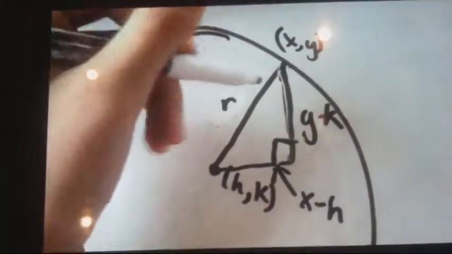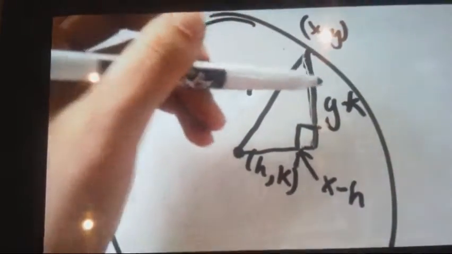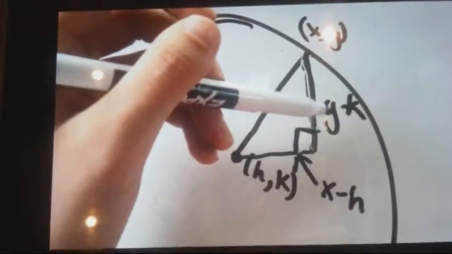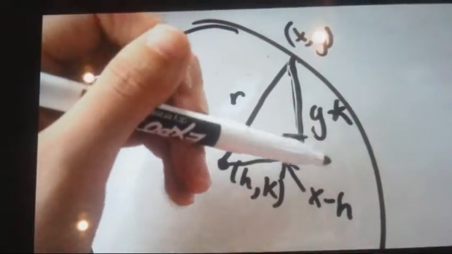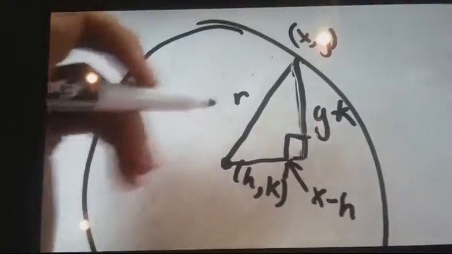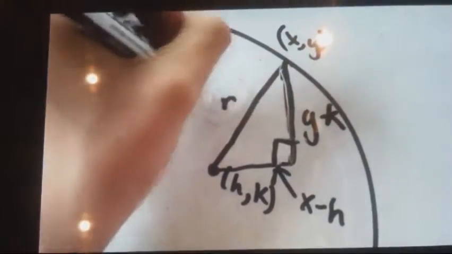As you can see, this makes a right triangle because these are two perpendicular lines. All you need to do is use the Pythagorean theorem with the y minus k and the x minus h, and you will find r, the radius of the circle.